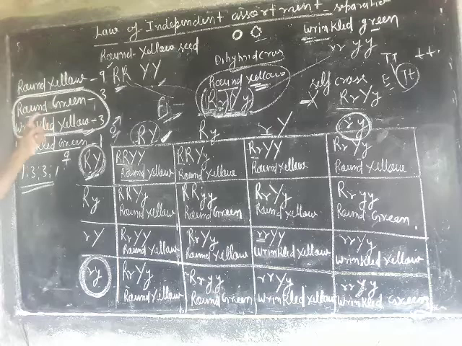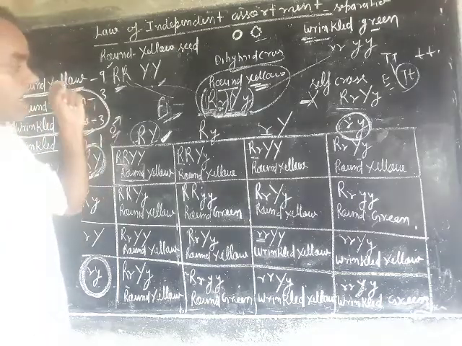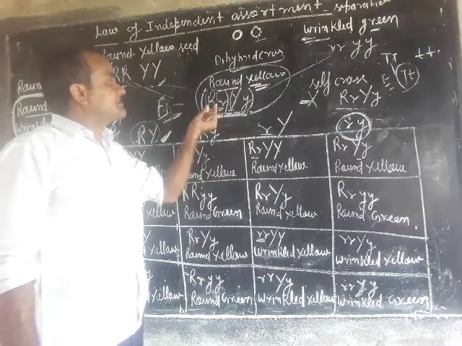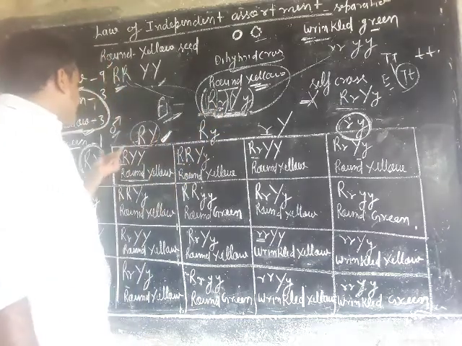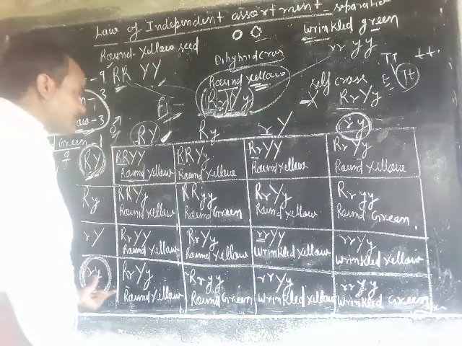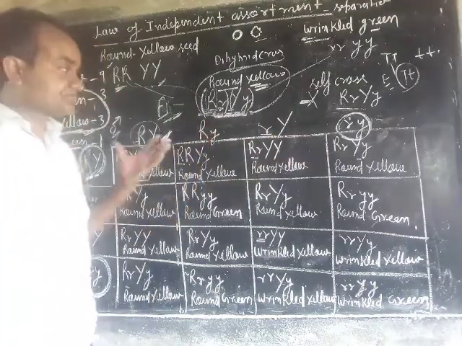These new characteristic features come by the fusion of gametes: dominant with dominant, dominant with recessive, recessive with dominant, or recessive with recessive.